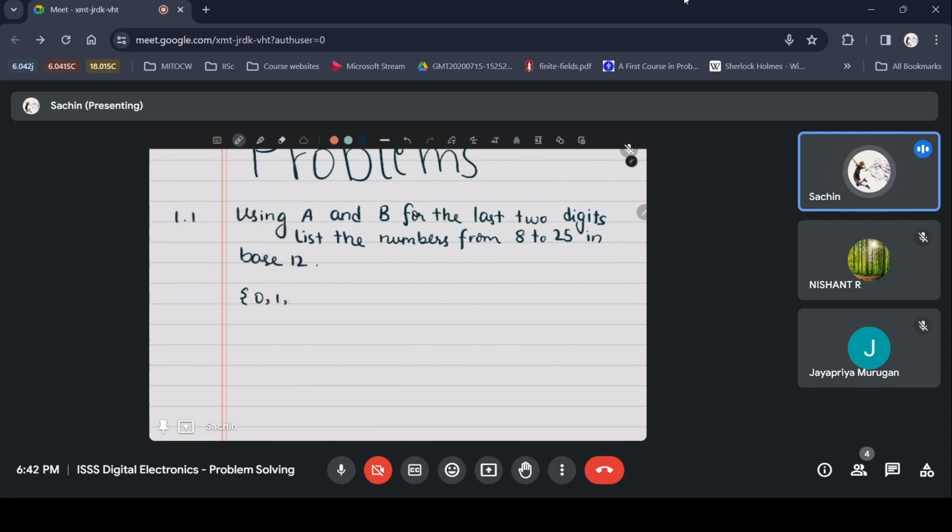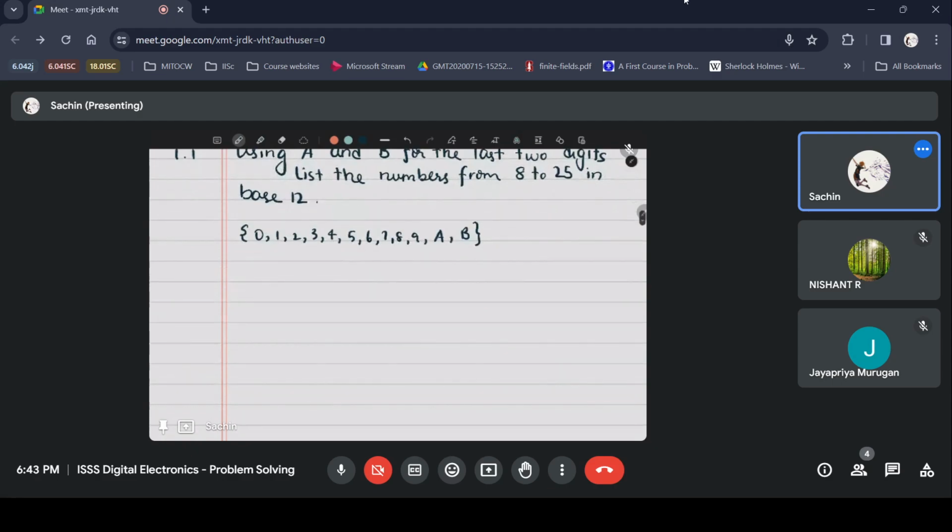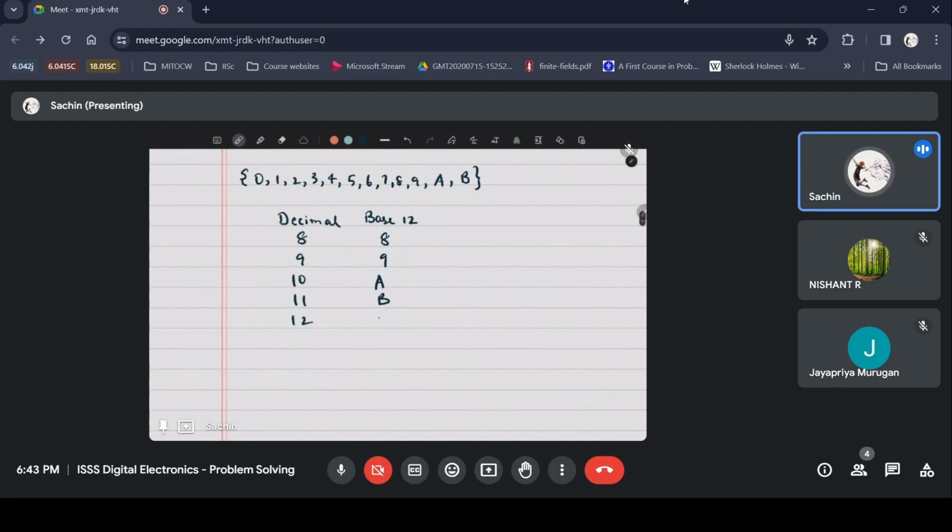It starts from 0, you go up to 9, and then for 10 you use A, for 11 you use B. And let's make a table, decimal and base 12. So 8 will be the same in both, 9 will be 9, 10 will be A in base 12, 11 will be B, 12 will be 1 0.